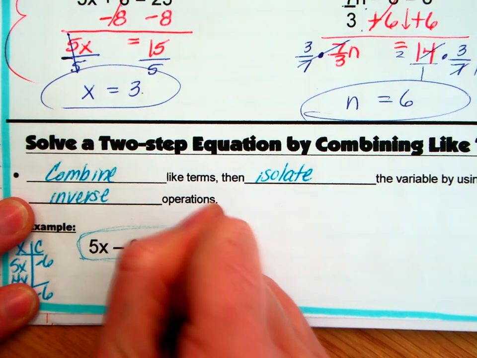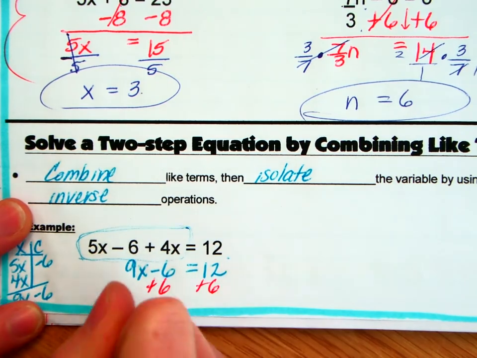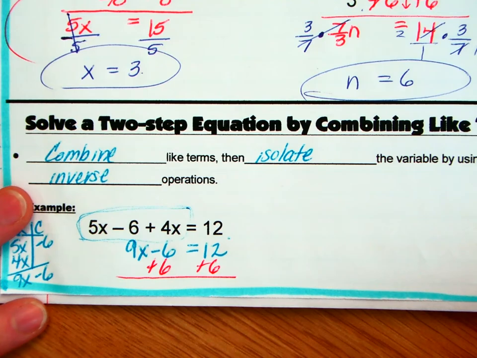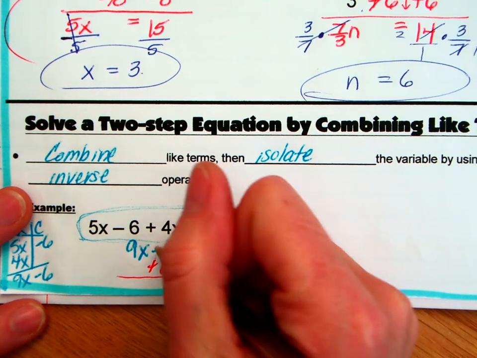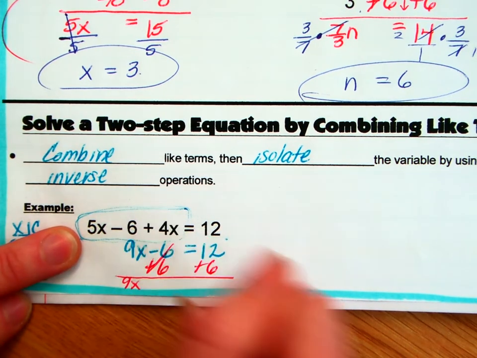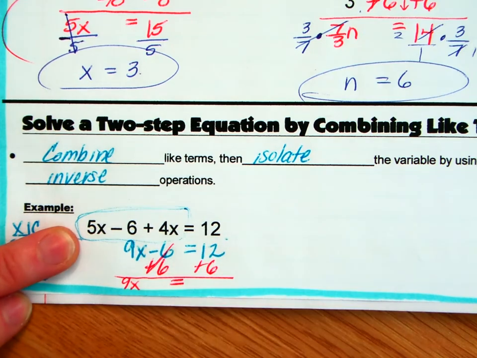Add 6 to both sides of the equal sign. What you do to one side, you have to do to the other in order to maintain equality. The minus 6 and the plus 6 kind of undoes itself. So now I have 9x equals, now you have to do 12 plus 6, which is 18.